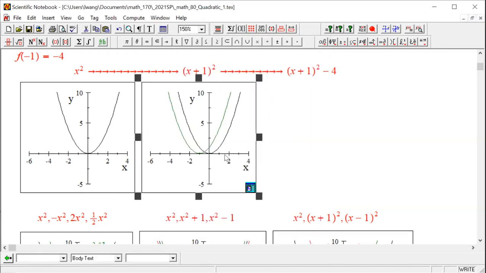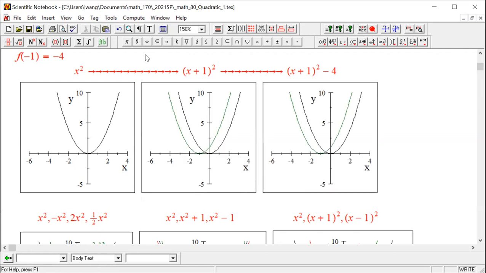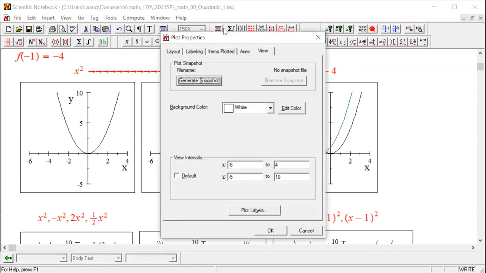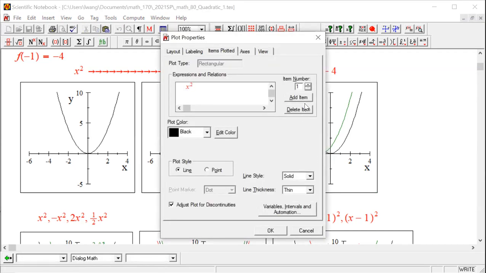So this is shifted left, the green is (x + 1) squared, and next we're going to graph the final curve, which is something squared minus 4. So this is going to be shifted down by 4 units. Now we graph the final curve, shifted down by 4 units.